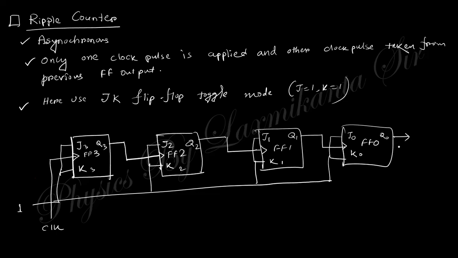So the output of one flip-flop is the clock pulse of the next one. The flip-flops are not clocked together, so they are not synchronous; that is the asynchronous counter.